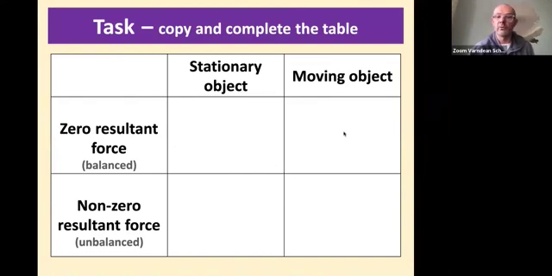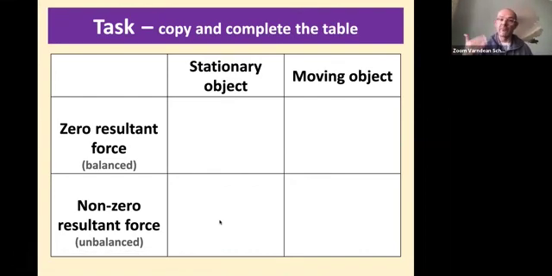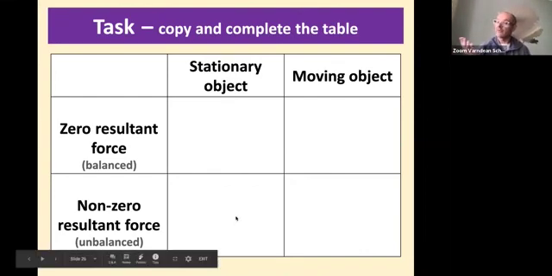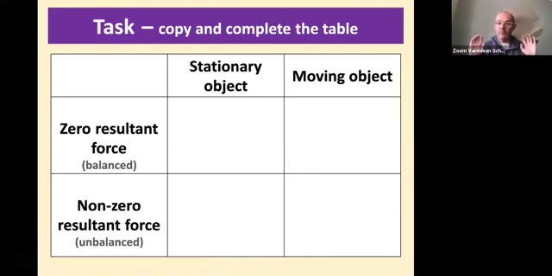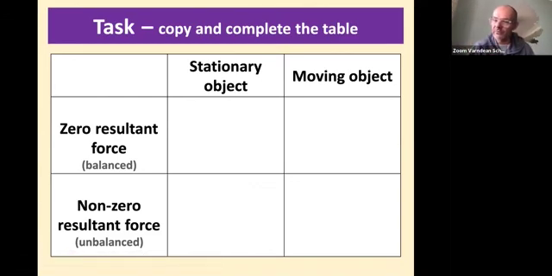Zero resultant force, moving object, keeps moving, same speed or same velocity. But if we had a non-zero resultant force, that's what non-zero means, stationary objects, remember all the way back at the beginning, now they start to move, because if we push an object, it moves. And a moving object either gets quicker or it slows down, depending which way your resultant force is. So you need to fill that in on this table.